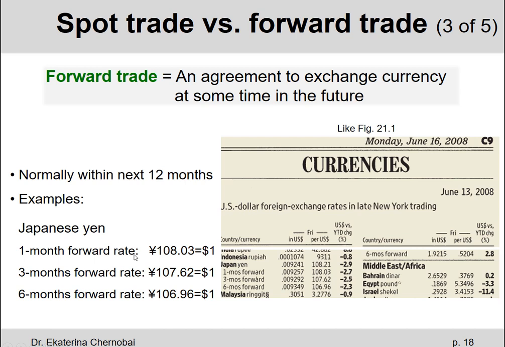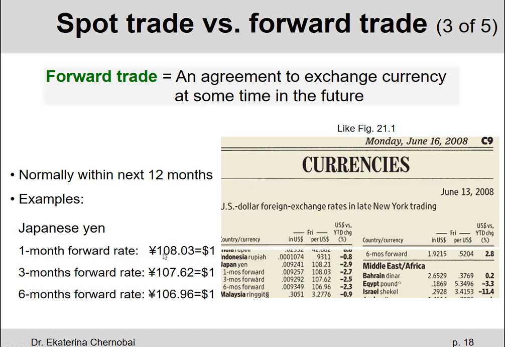What does it mean? It means that you can enter this forward trade agreement today, that will allow you to exchange yen into dollars or dollars into yen, whichever one you are planning to do, using this 1 month forward rate that you're locking in today.